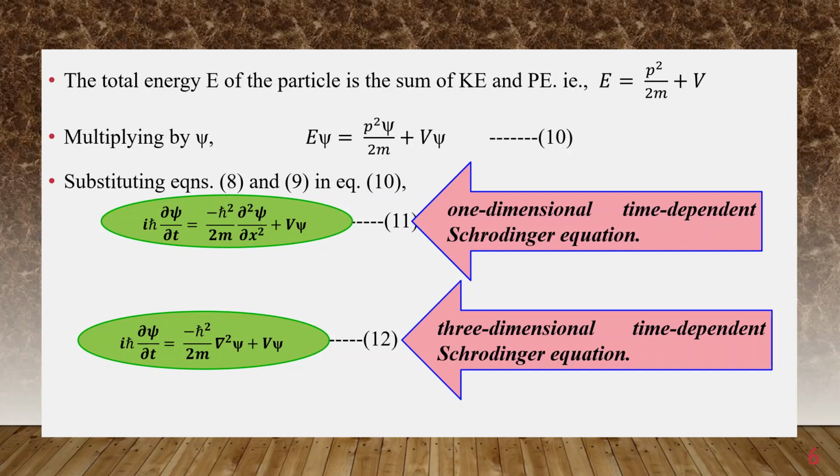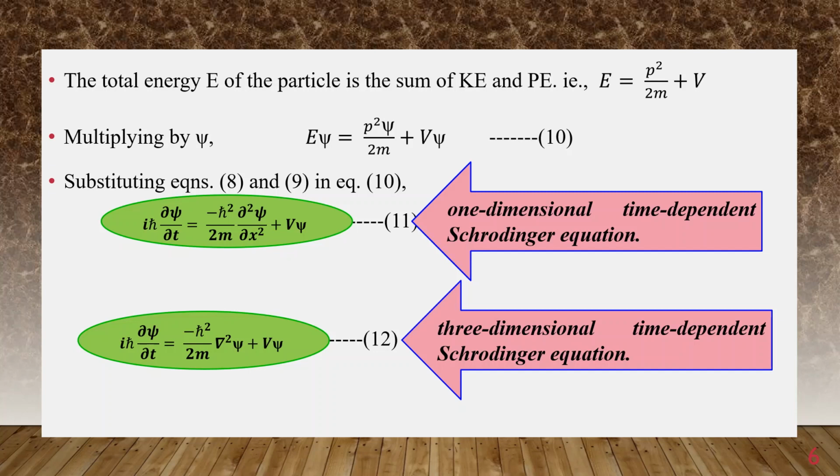Now what should we do? Look at this equation. We know the values for E psi and P square psi. Earlier we found those equations, right? E psi and P square psi were found in the previous slide. So I can substitute those values of E psi and P square psi here.